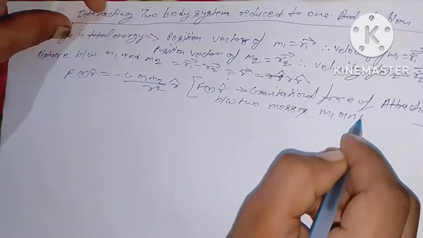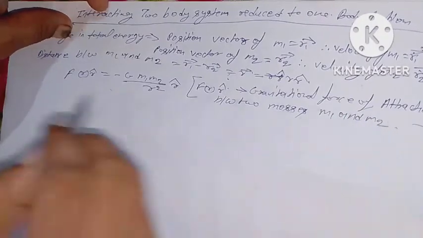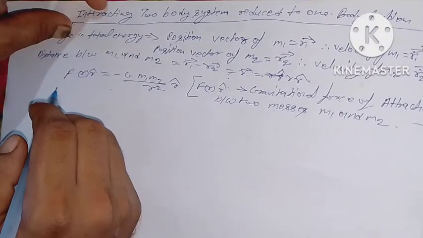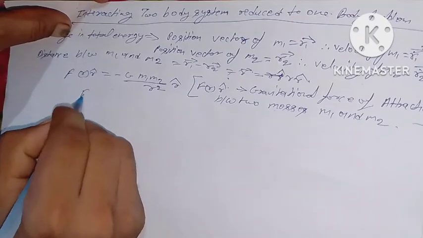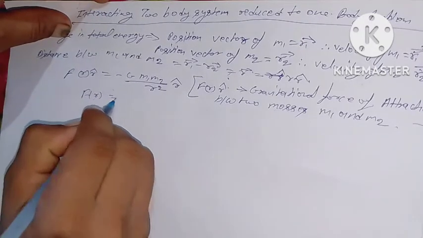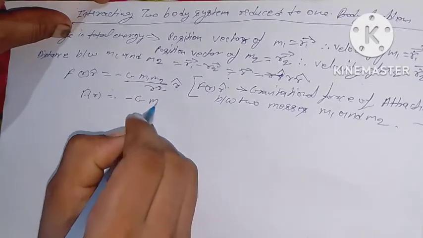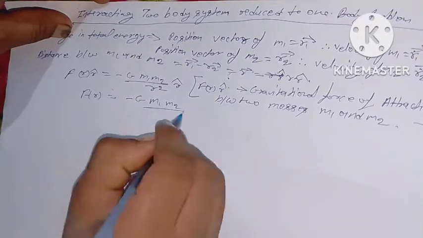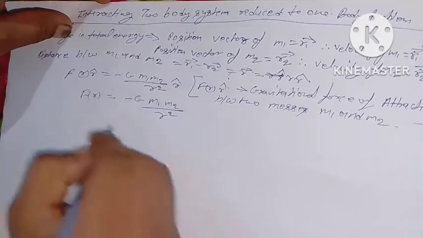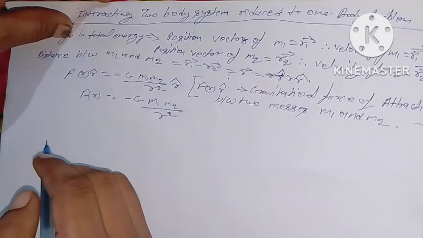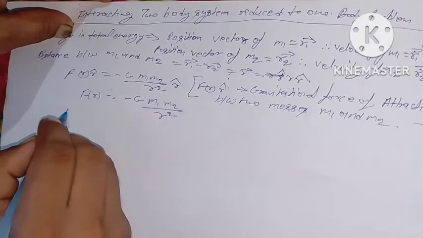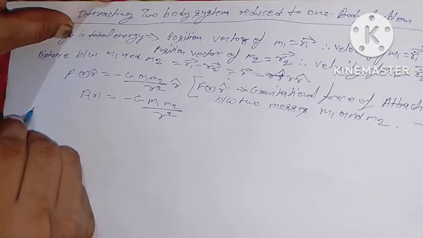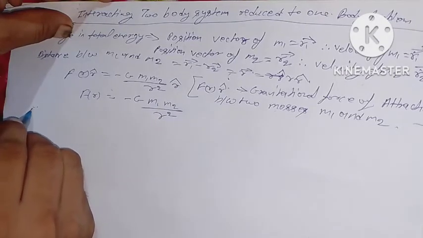Taking magnitude only, we have F(r) equal to minus G m1 m2 upon r square. Only the magnitude here.